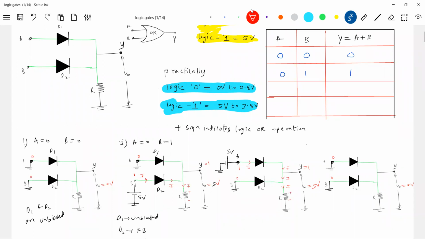Similarly, if I calculate here, it is the same situation. V naught equals 5 volt. What is the state of diode D1? D1 is forward biased, D2 is unbiased. So therefore, what is the column? 1, 0. Logic A is logic 1, B is logic 0. We'll get 1.